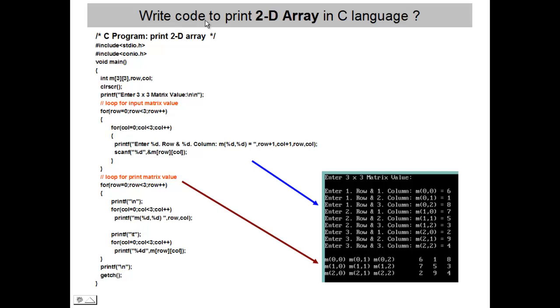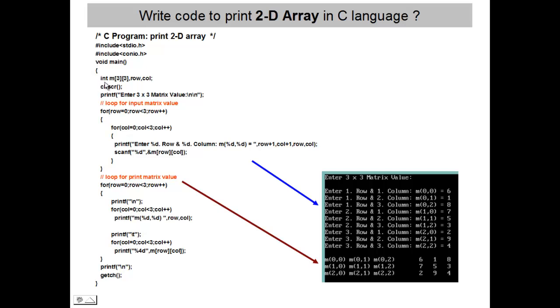Now write code to print the 2-dimension array. We take the example matrix for this. This is the header file included here. Now write the main function.